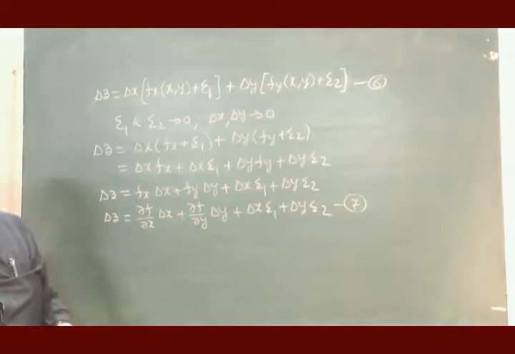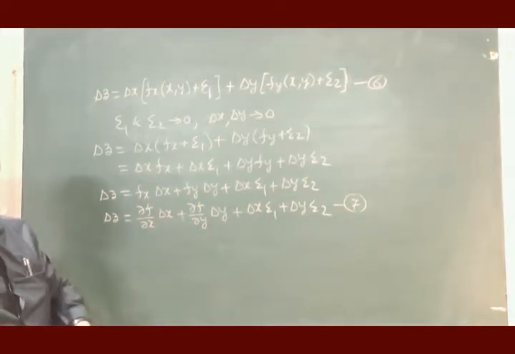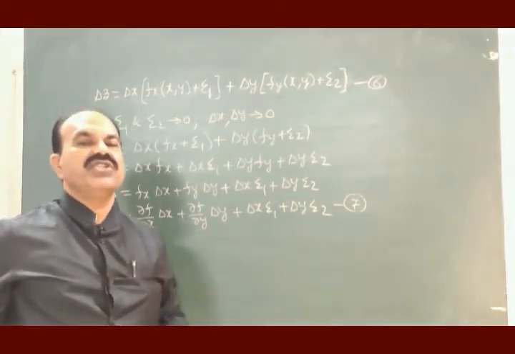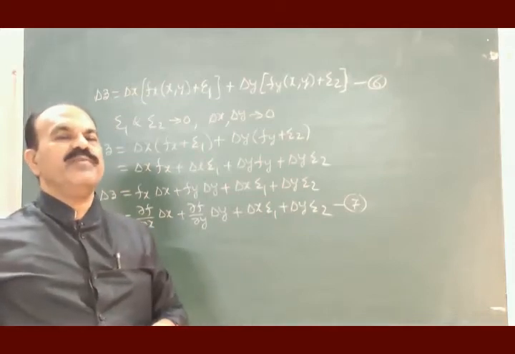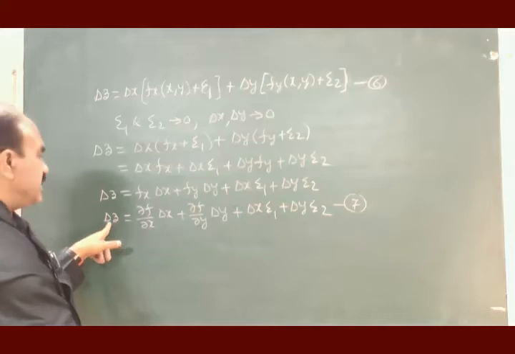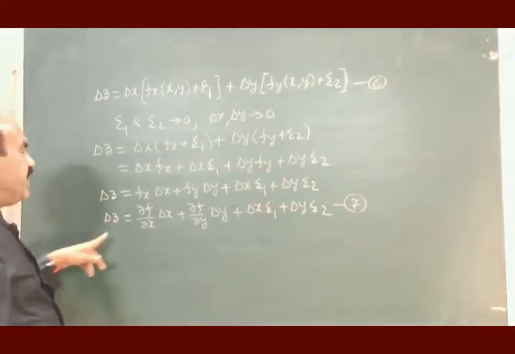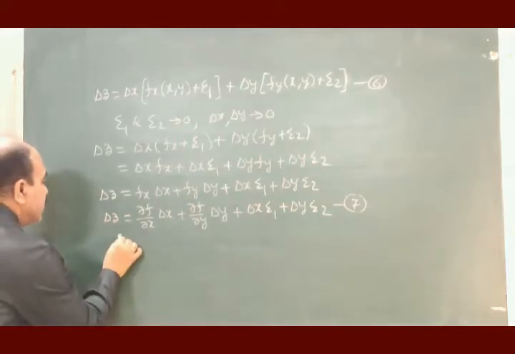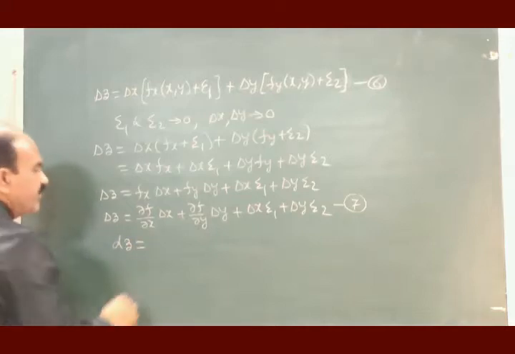Equation 7 is known as the total differentiation of the function z is equal to f of (x, y), and therefore this delta z may be represented as dz.